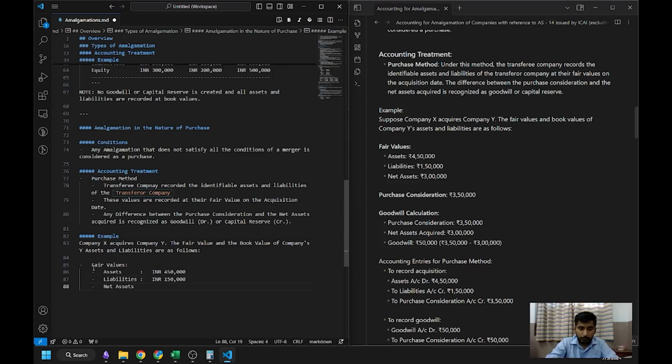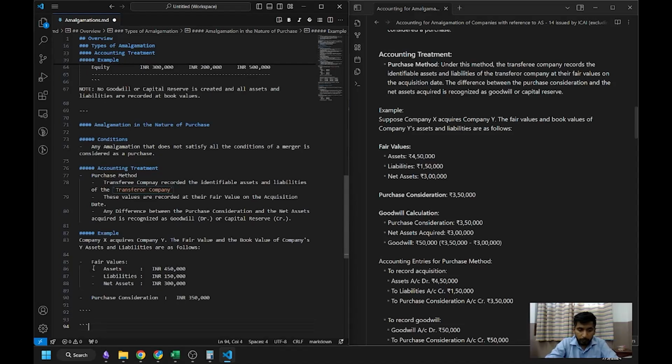Net assets are rupees 3 lakhs. Also, the purchase consideration is given as 3,50,000. So we will now calculate the goodwill.